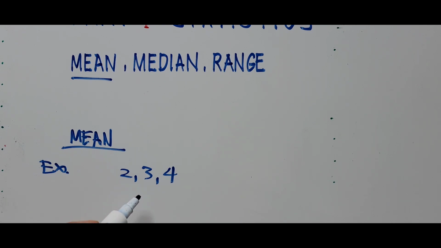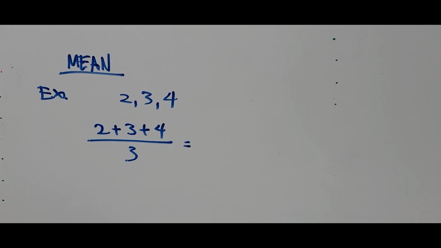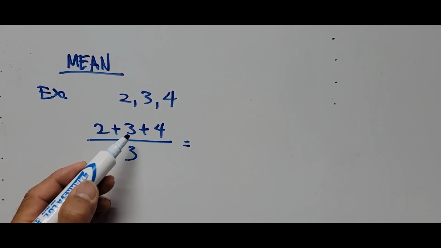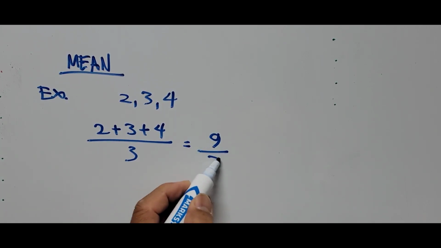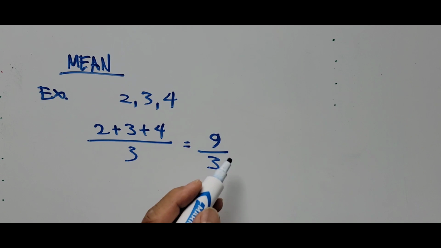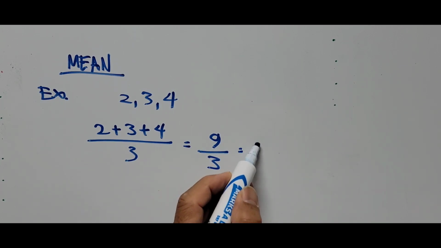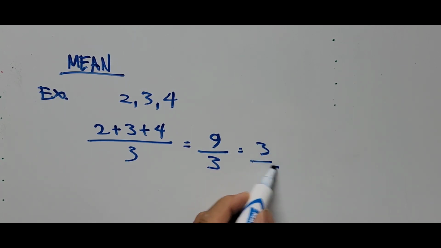So we add this up: 2 plus 3 plus 4, divided by 3 values. 2 plus 3 is 5, plus 4 is 9, divided by 3. So 9/3, which reduces further: 9 divided by 3 is 3. So the mean value is 3.